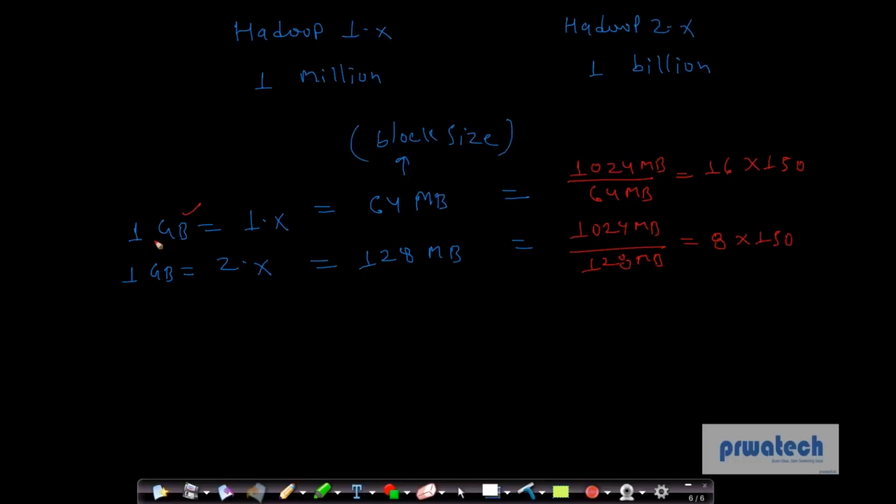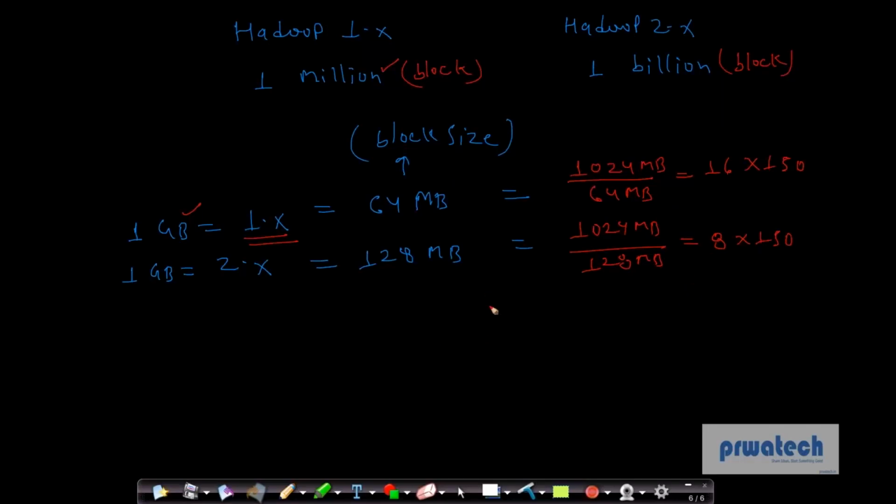Obviously, I'm getting more metadata in Hadoop 1.x. That is the reason they can handle fewer blocks. So when I say 1 million, this many blocks we can handle in the first generation of Hadoop, and this many blocks in the second generation of Hadoop, and the answer is in front of you.